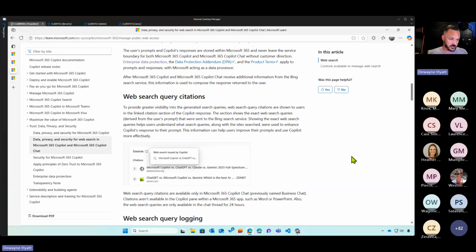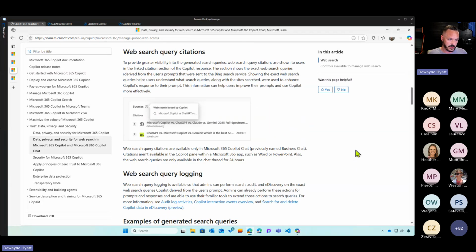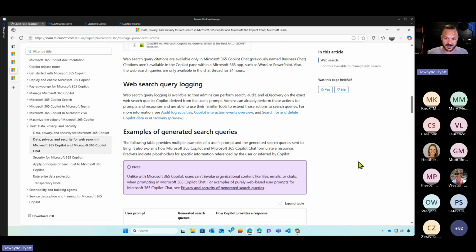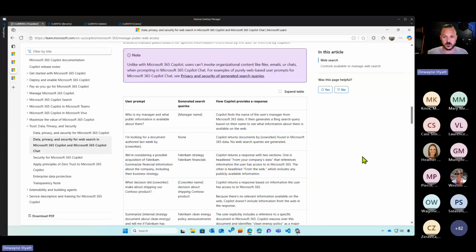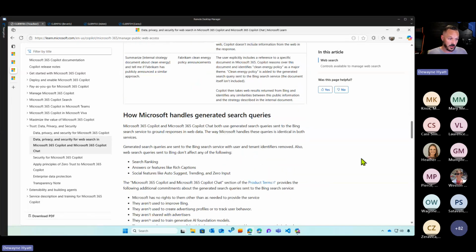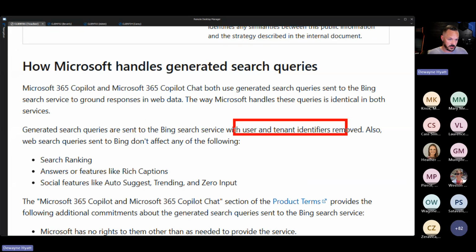In this documentation, you're going to see, like I said, things that match up with enterprise data protection, as well as search queries that are sent to Bing are de-identified. Tenant identifiers and user identifiers are removed. So we don't even really know where these things came from. So right here, user and tenant identifiers are removed.